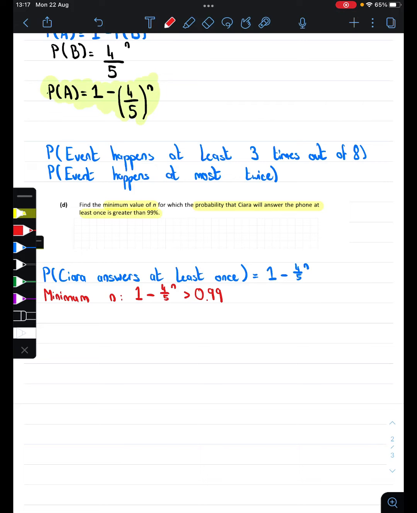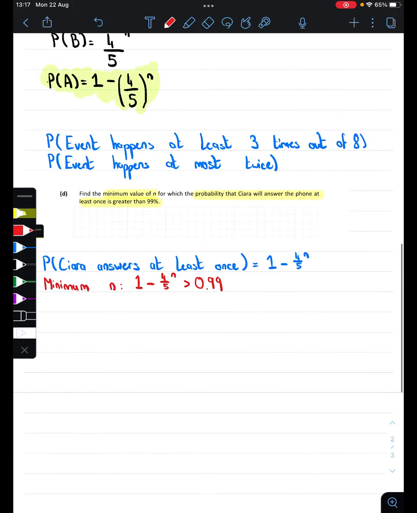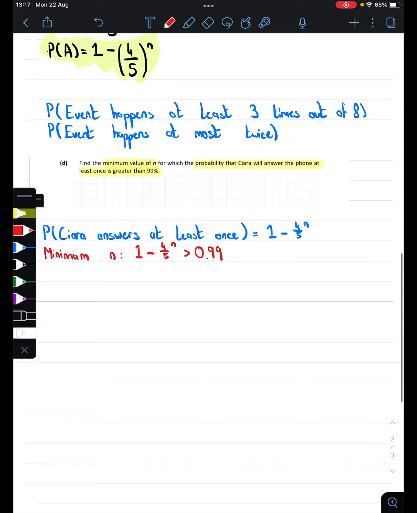So we're looking for the smallest value of n such that the probability that Kira answers at least once in n days is greater than 99%. Okay, well, what we typically try to do here is we let them equal. So we let these expressions be equal because it's harder to solve inequalities. So we let them be equal, and then we just go to the next n up.